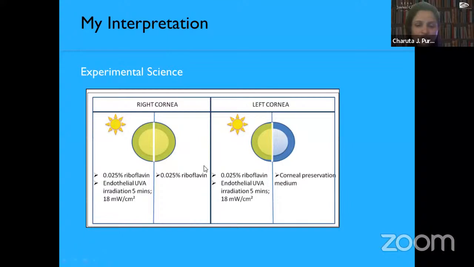They found no statistical difference between the corneas that were preserved in preservation medium and those that were subjected to 0.25% riboflavin from the endothelial side up, which means that at least in the short term, or for the duration of the study, there was no effect on the endothelial cells or their cell density.